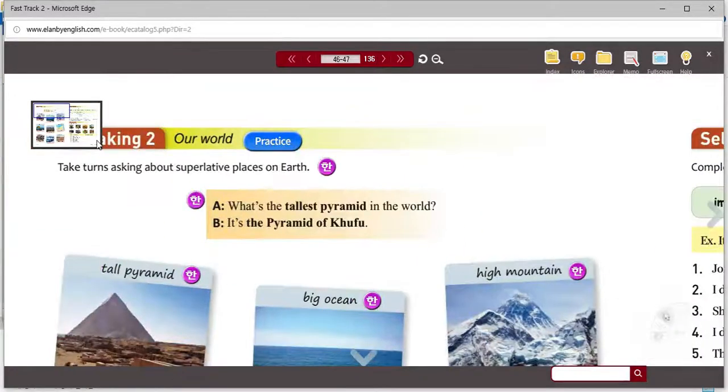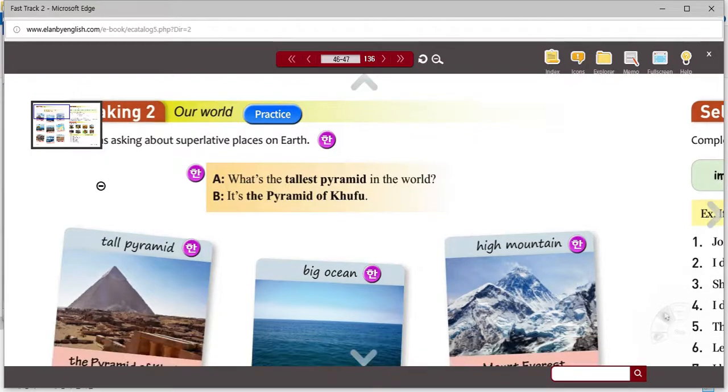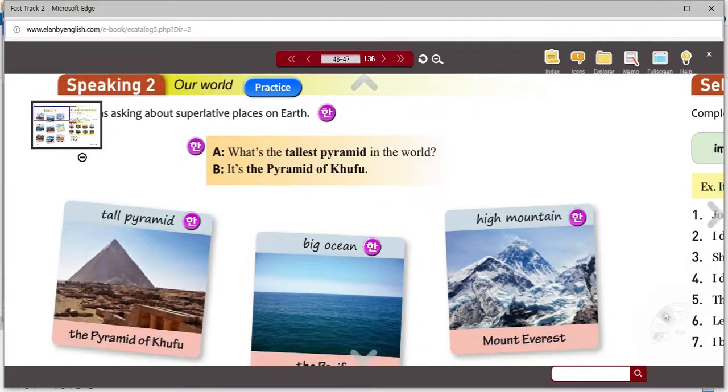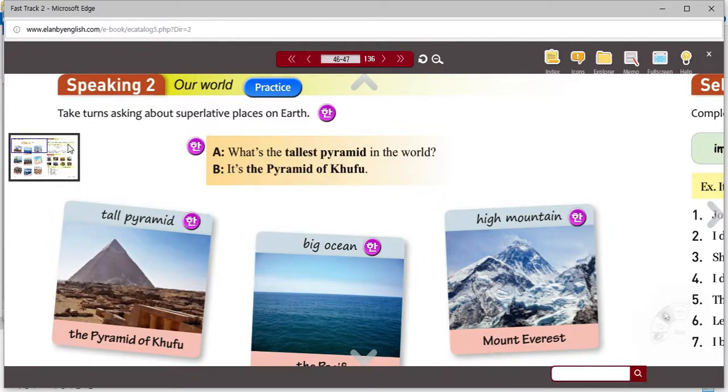Okay, and what better place to look at superlatives than the world? So you're going to be looking at, of all the elements in the world, which one has the highest level of an adjective. Okay, so the first one is done for you.